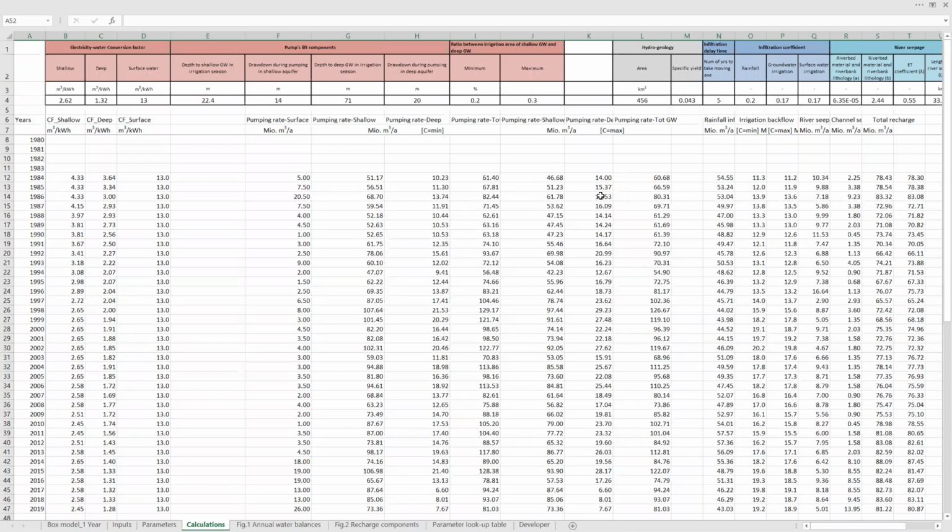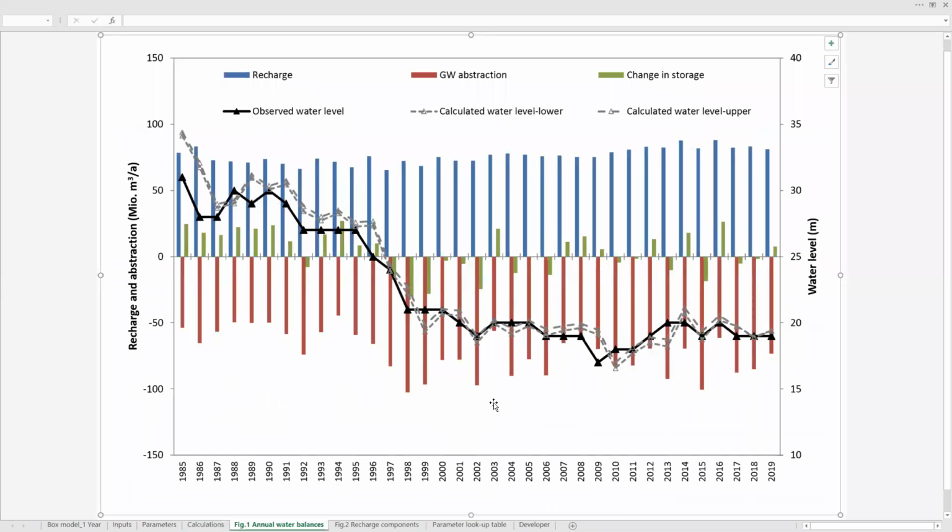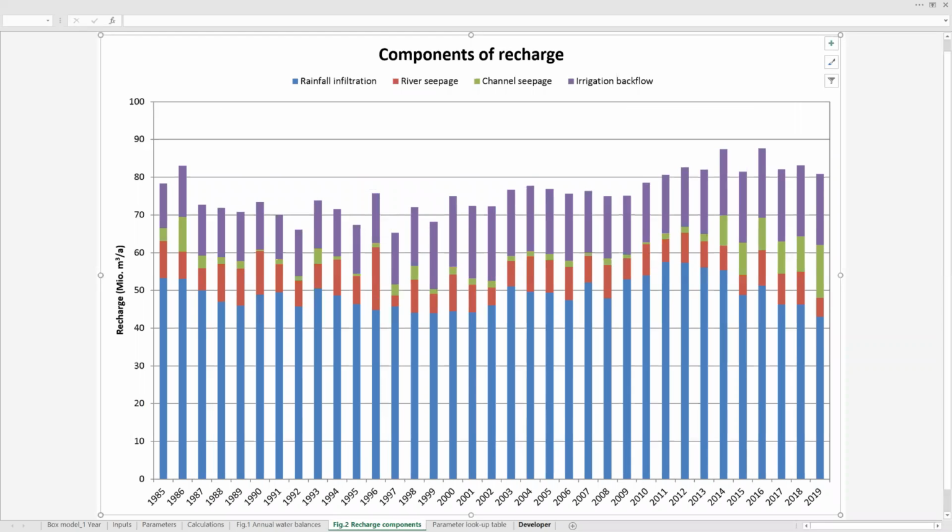All the intermediate variables can be found in this sheet. You do not need to do anything in this sheet, but you can find the variables that you need within the calculation. The figures show the outputs of the box model, as I explained in the slides, and also the recharge components of the box model.